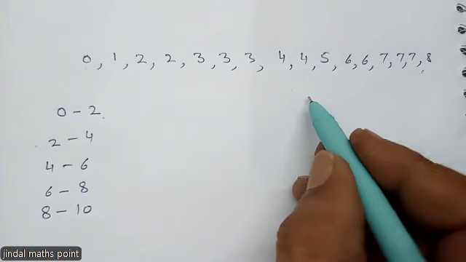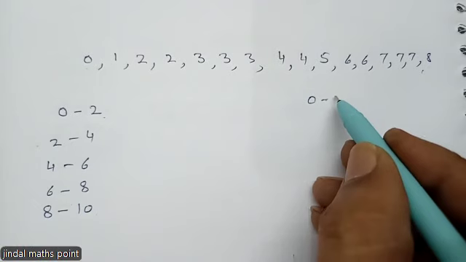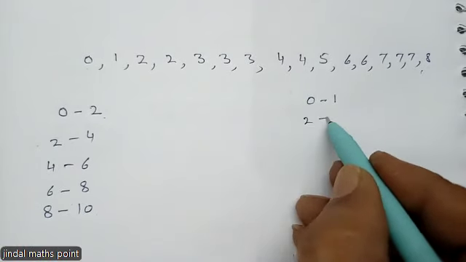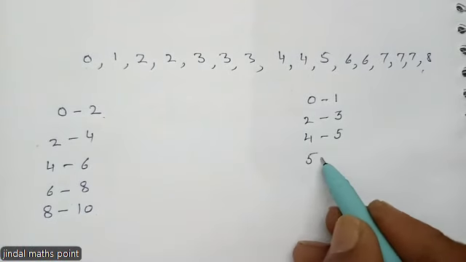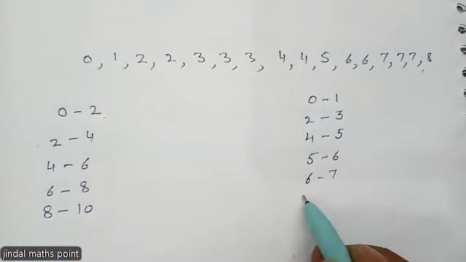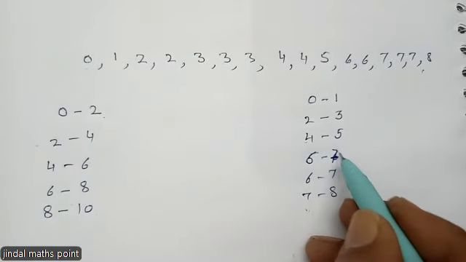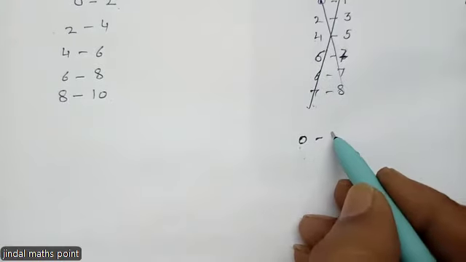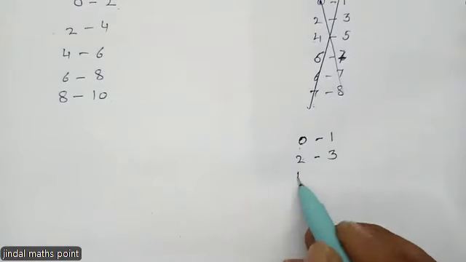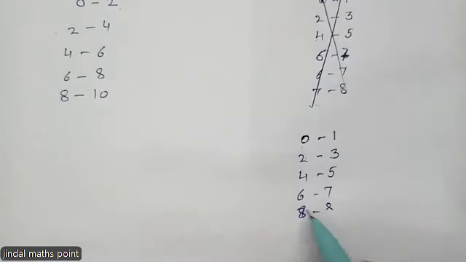And the other frequency class interval is like this: 0 to 1, 2 to 3, 4 to 5, 6 to 7, 7 to 8.